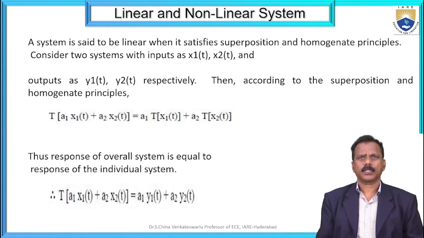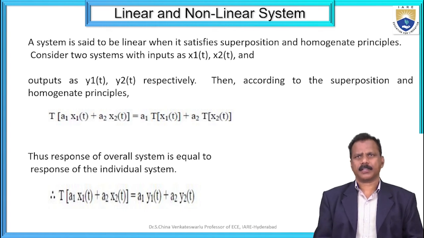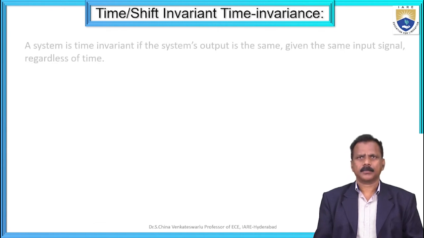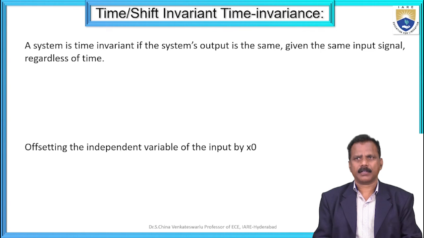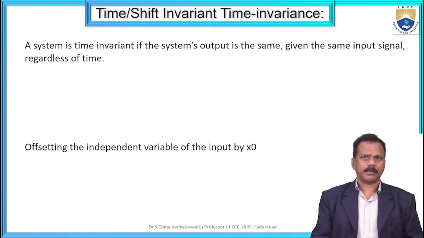A system is linear when it satisfies the superposition and homogeneity principles. Consider two systems with x1 of t and x2 of t; the output we will expect is this one. We have to verify how, using all these systems, our signal variation is affected, with the help of either the FFT, DFT, or the Fourier series or Fourier transform.